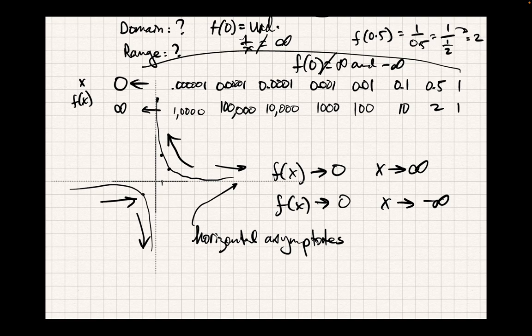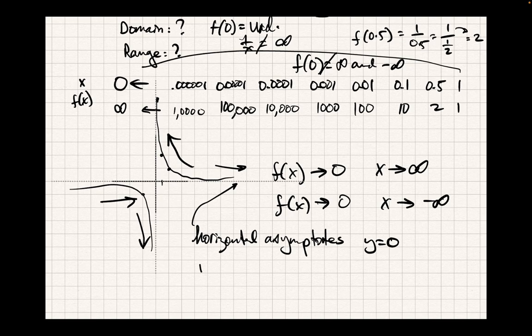It's this dotted line right here. Like f of x approaches 0? No, that is a line. So my horizontal asymptote is a line. What's the equation of that line? Y equals 0. Y equals 0 is the horizontal line that runs through the origin.